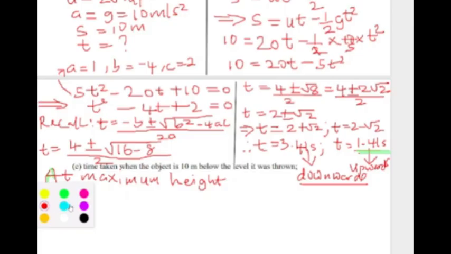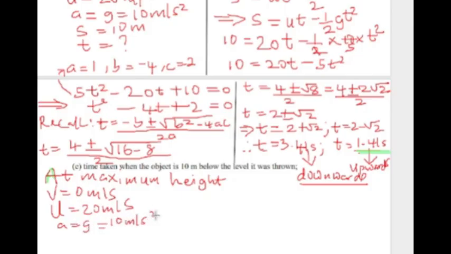So v is equals to 0 meters per second. Initial velocity remains 20 meters per second. Then we know that acceleration due to gravity is equals to 10 meters per second square at that point.